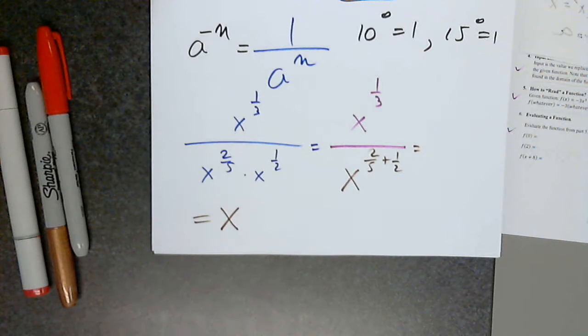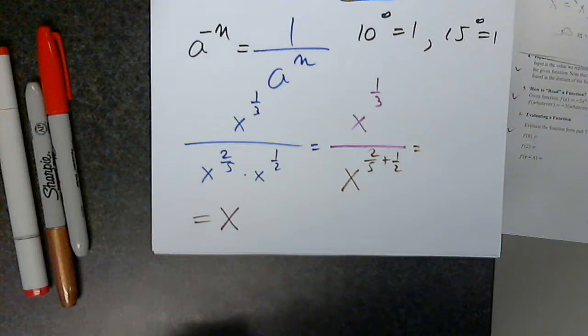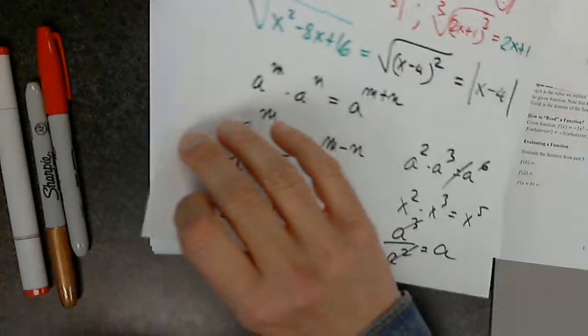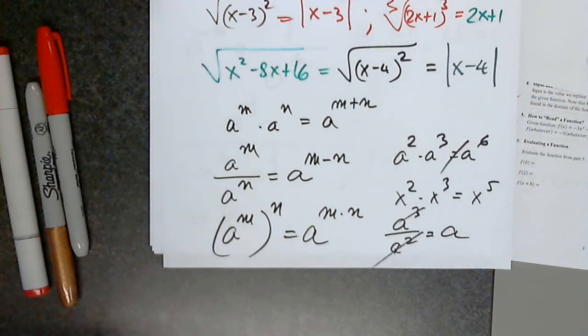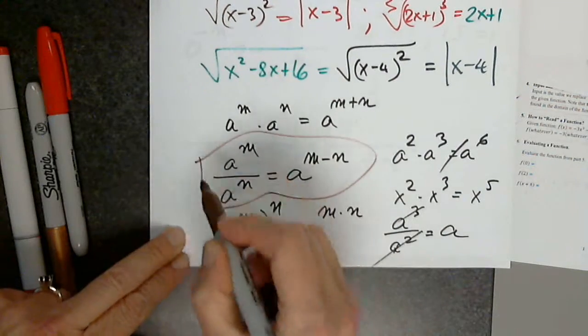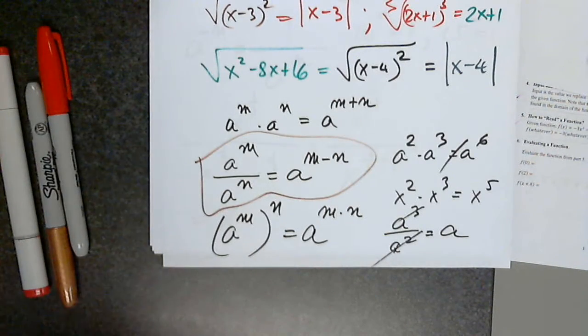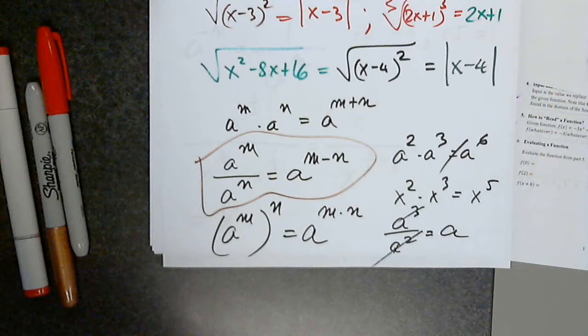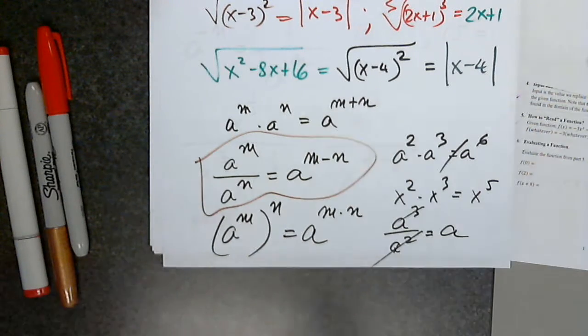From the exponent of the, let's look at the rule. Are we all looking at this? From the exponent of the numerator, I do what?